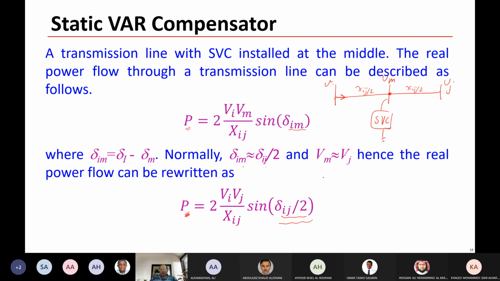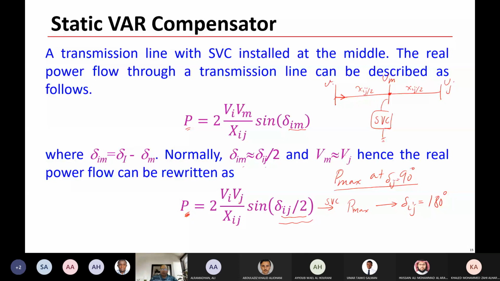We know in regular cases the B max is at 90 degrees, right? Yes. We know that the B max is at delta Ij equal to 90 degrees. But here, if we have SVC, you can see the B max occurs at delta Ij equal to 180 degrees.